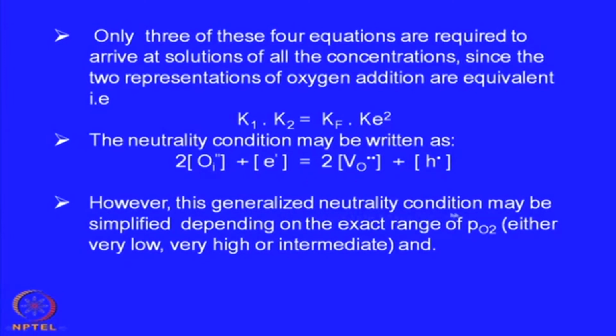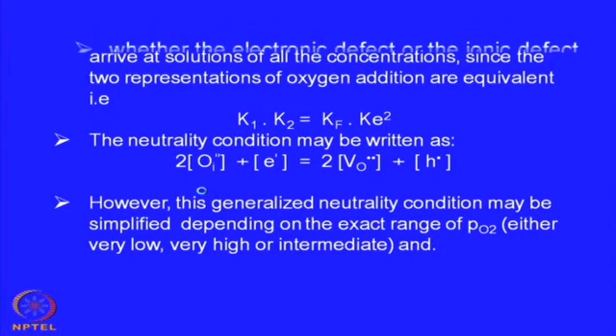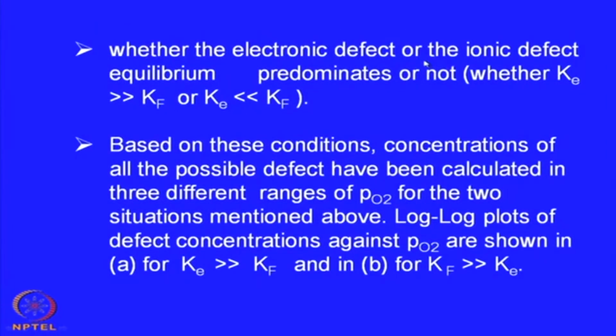However, this generalized neutrality condition may be simplified depending on the exact range of PO2, either very low or very high or intermediate, and whether the electronic defect or the ionic defect equilibria predominates or not, that is whether Ke is greater than Kf or Ke is less than Kf.